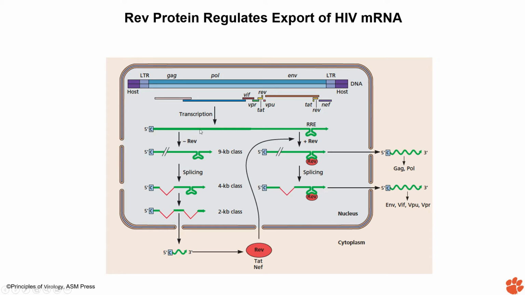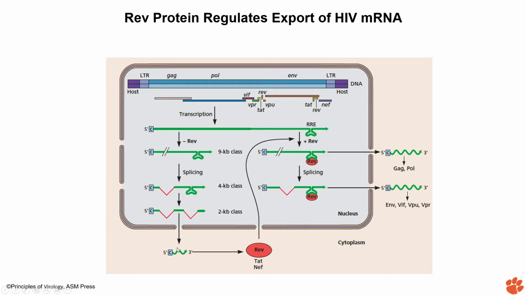So what happens is you have the full-length mRNA after transcription from the DNA, and then splicing happens. After this splicing, you can easily see you will have to splice these portions out to join this part of the Rev to that part of the Rev.